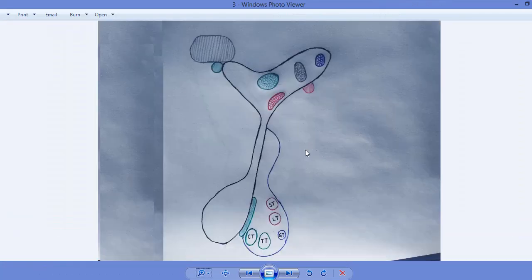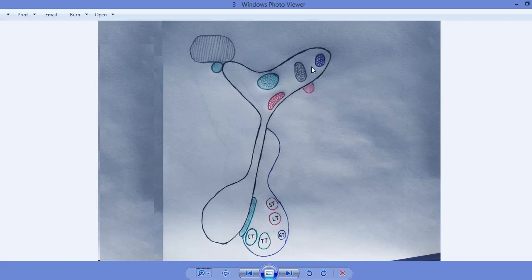Now to the detail. I have drawn different endocrine cells with different colors. The somatotrope and the lactotrope are supervised by the arcuate nucleus. The gonadotrope is supervised by the preoptic nucleus.